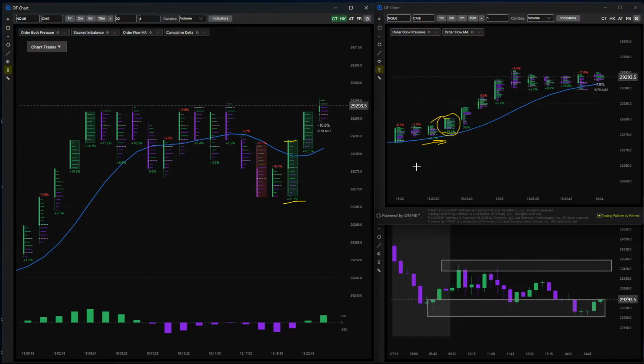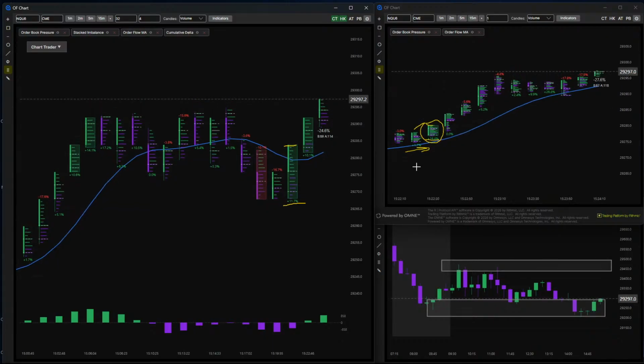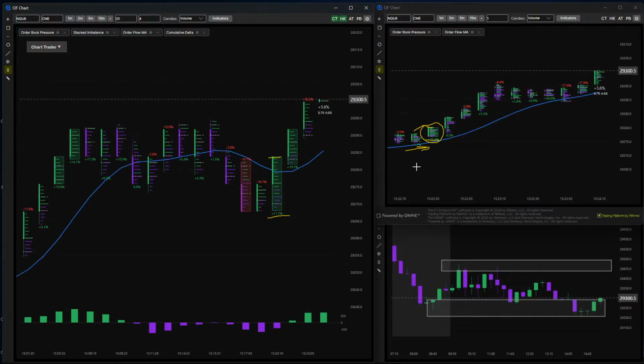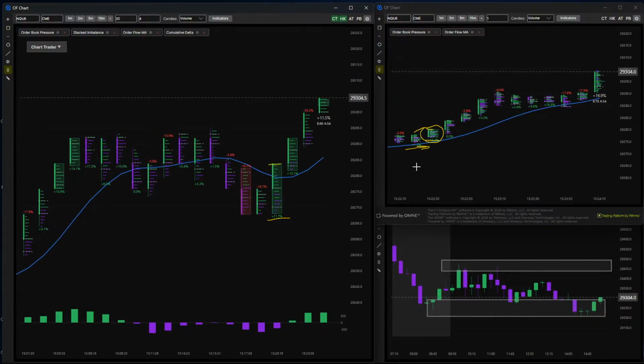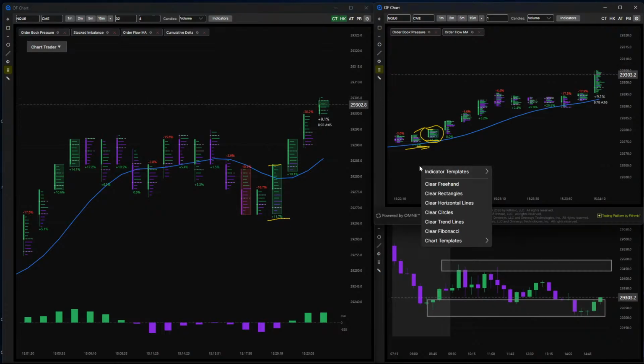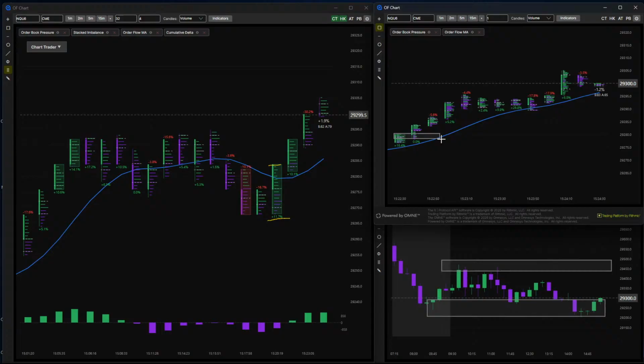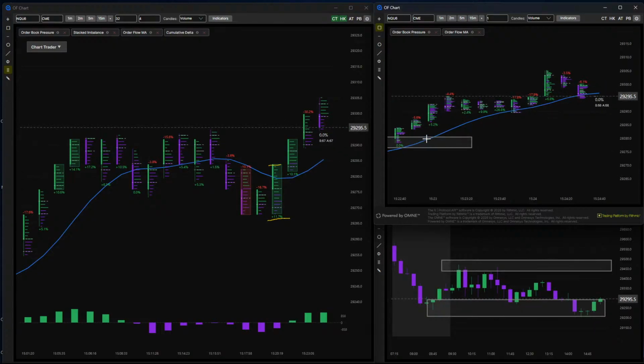I'm really going to have to do a video on this indicator. Also, possibly what I would like to do is draw it out to about 1, 2, 3, 4, 5 bars. So it gives you a nice shaded area, like, hey, there was 16% more buyers than sellers in this area.